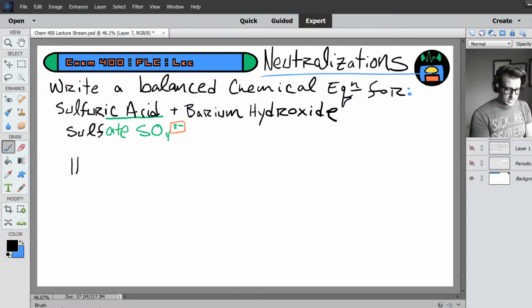So sulfuric acid is H2SO4. All our acids are aqueous, and this is an example of a diprotic acid because we have 2 protons in this molecule. All right, 2 protons reacting with barium hydroxide. Now barium, we can figure out its charge from the periodic table. It's a +2.